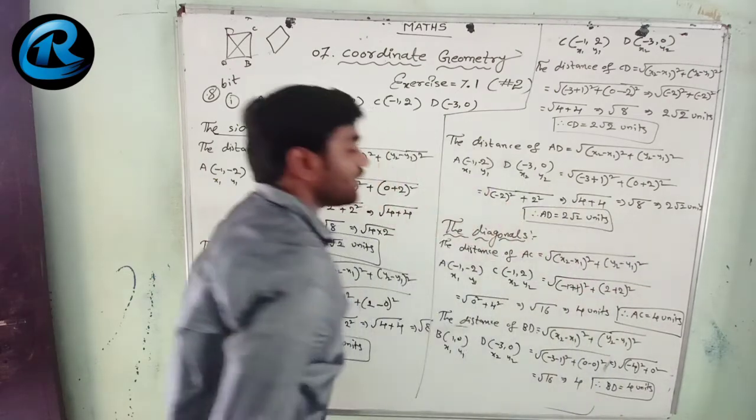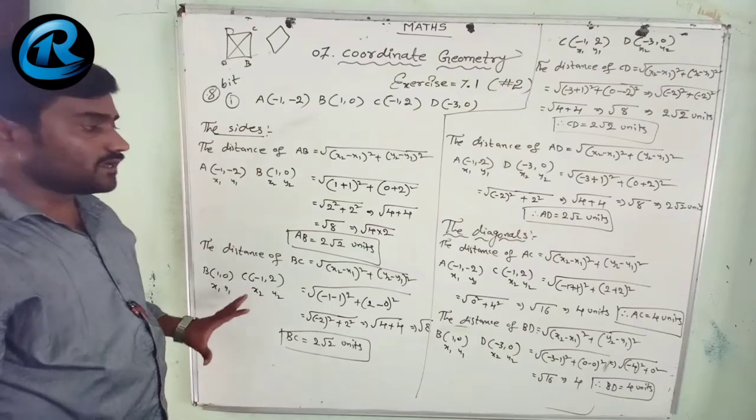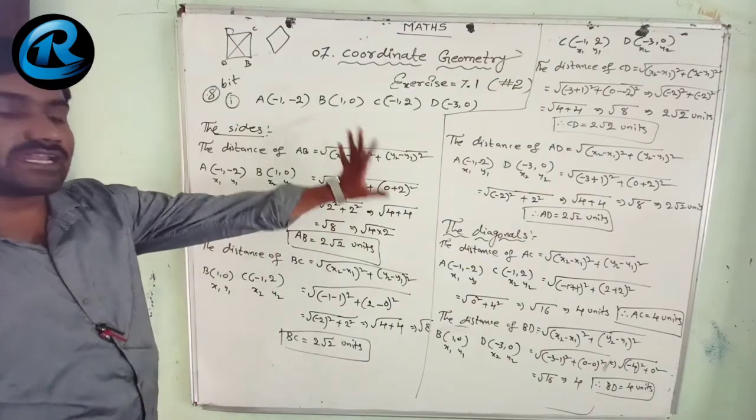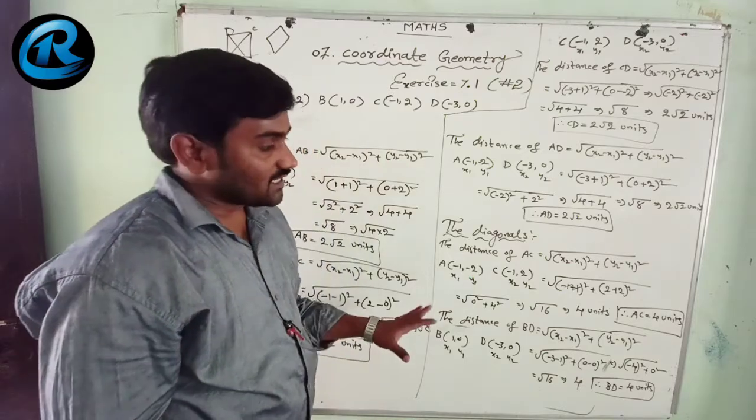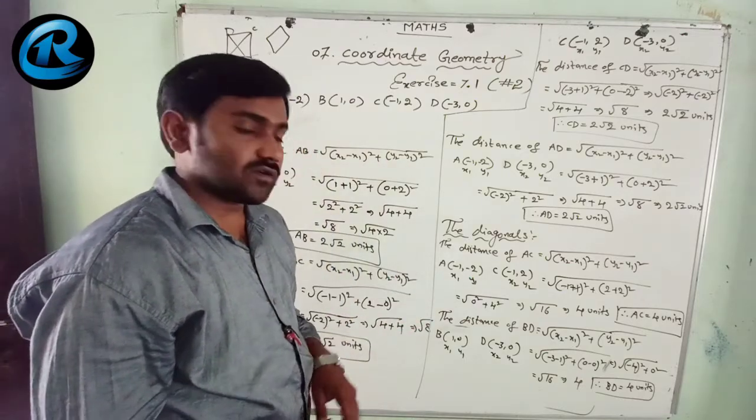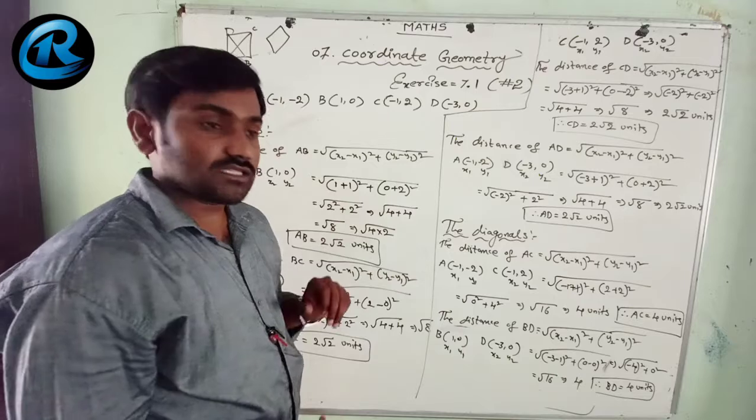See now what you got? Here all the four sides are equal and the two diagonals are also equal. All sides are equal and diagonals are also equal. Hence it is a square.